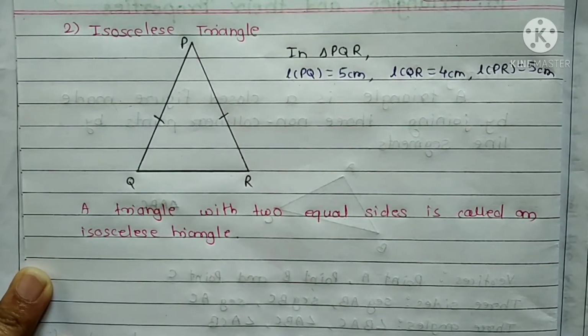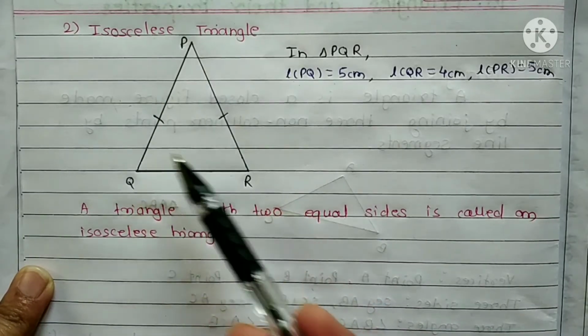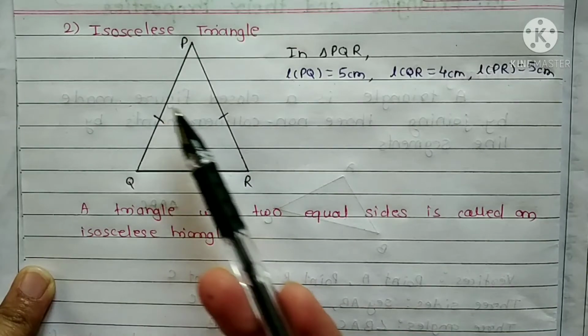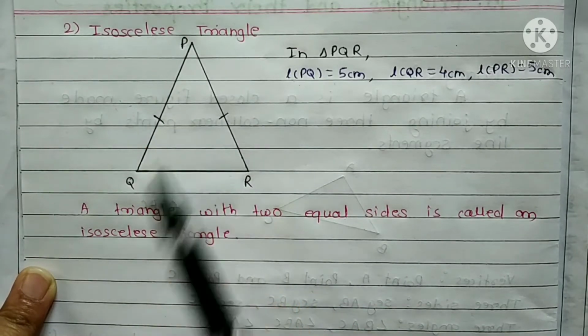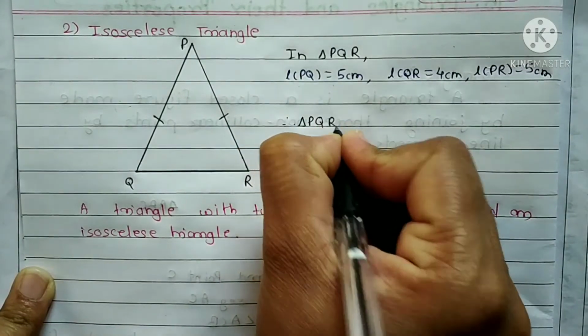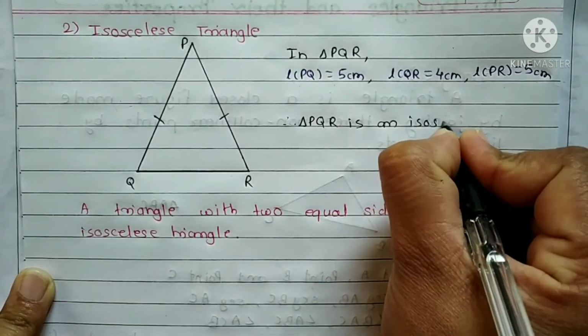So as per our definition we can say that triangle PQR is an isosceles triangle because here length of these two sides is equal. Therefore triangle PQR is an isosceles triangle.